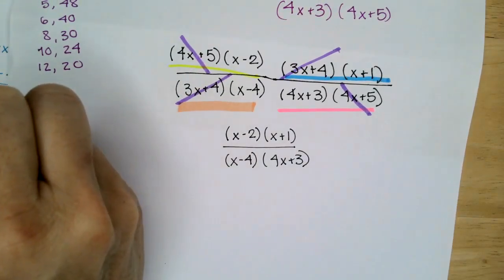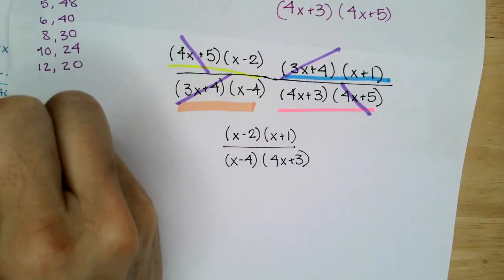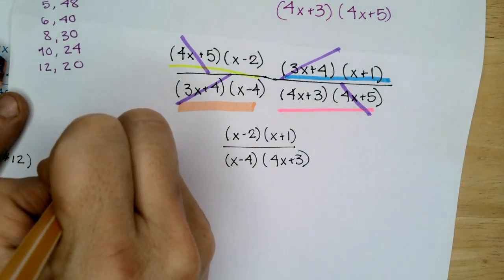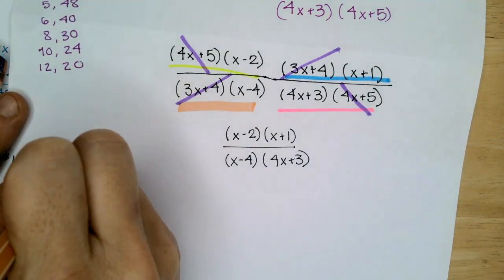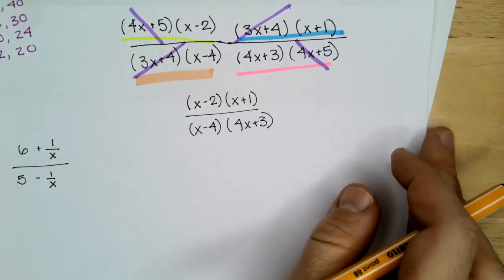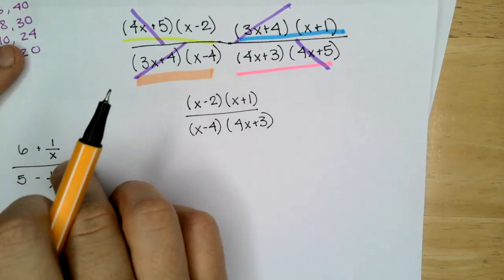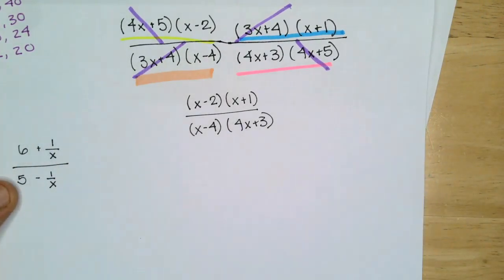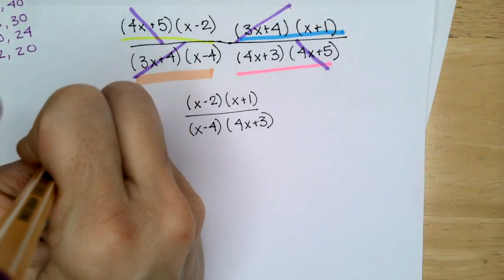Number 12 is 6 plus 1 over x divided by 5 minus 1 over x. What I would do here is you have a fraction and then you have a fraction within a fraction. I would look at the inner fractions and try to get rid of them, okay?